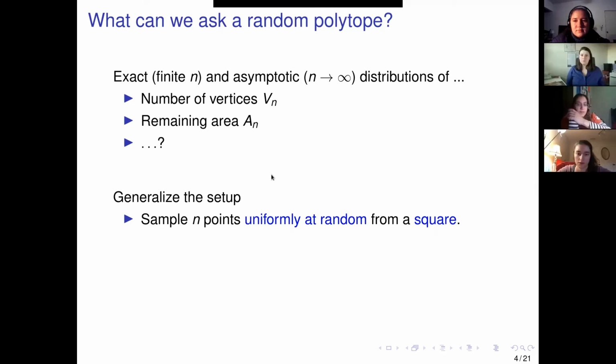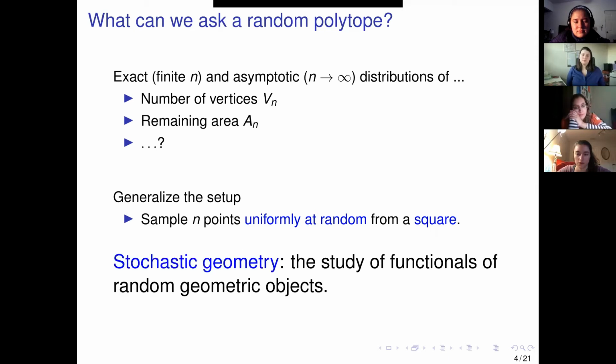So yeah, let me just formalize the setup. I have n points. I sample them independently, uniformly at random from a square. Then I get a polygon, and I want to ask questions about vertices and areas and whatnot. So all of this falls under the area of stochastic geometry. Geometry is the study of geometric objects.